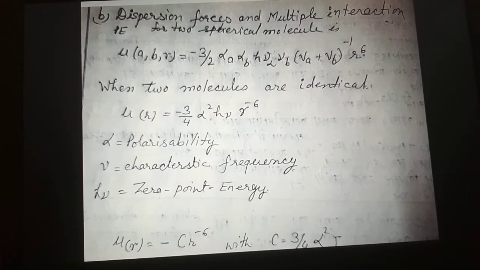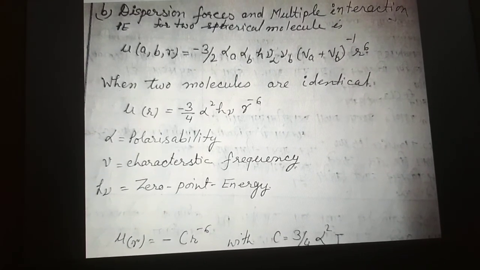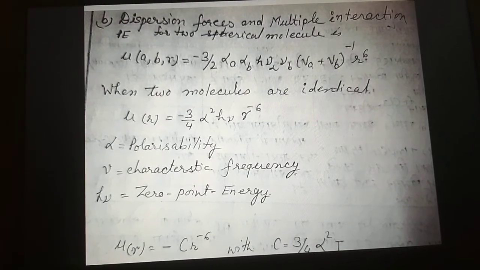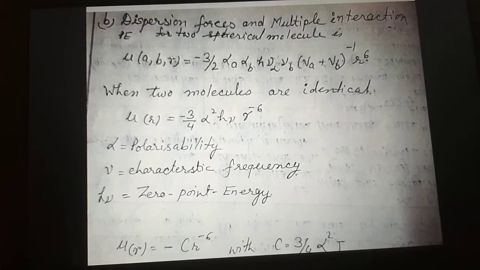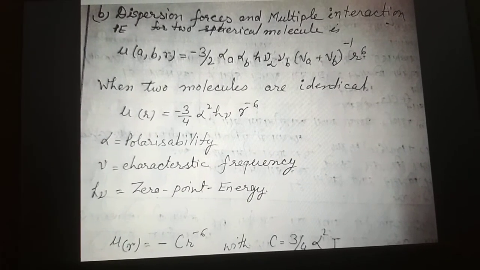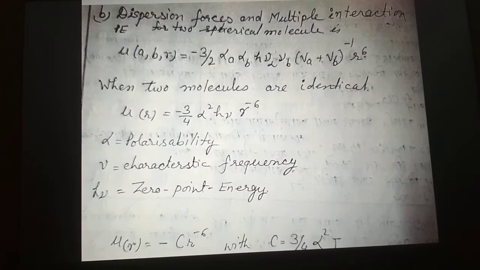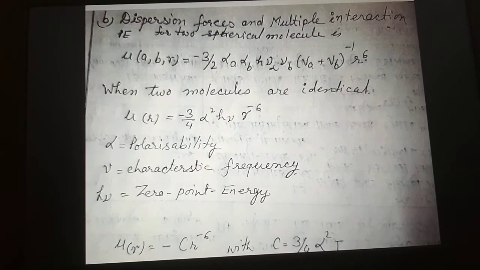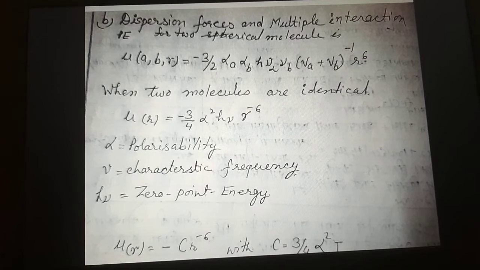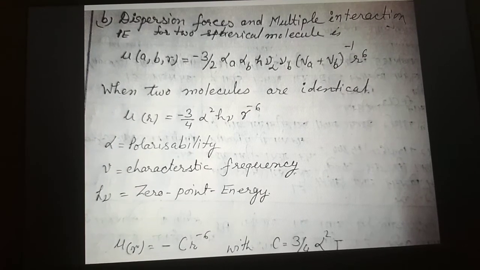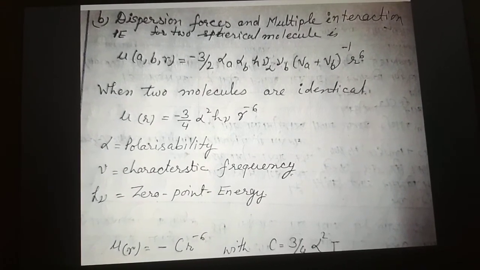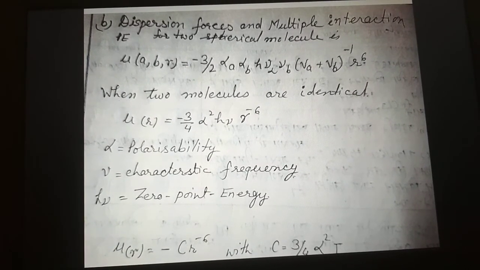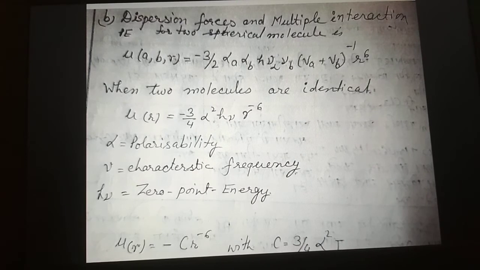Dispersion forces are a major contribution to the additive potential even for polar molecules. Unless the permanent dipole moment is very large, the dipole-dipole interaction is less than the dispersion interaction. All three interactions depend on the reciprocal fixed power of the intermolecular distance.